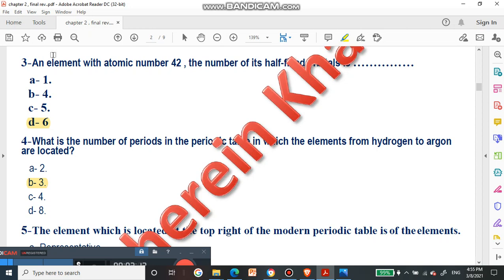What is the number of periods in the periodic table in which the elements from hydrogen to argon are located? Look at the drawing.